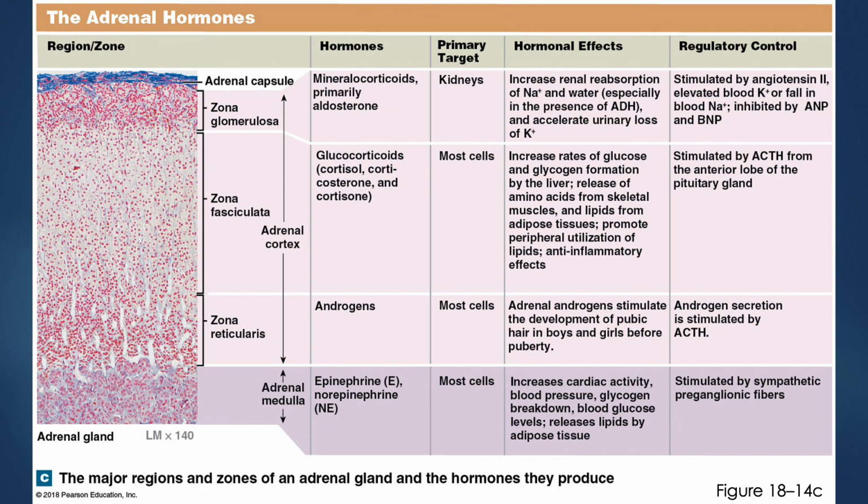The target of these hormones is the kidneys, and the hormonal effect is that it allows the kidneys to increase renal absorption of sodium and water, specifically in the presence of antidiuretic hormone. This also accelerates urinary loss of potassium. The kidneys also will be stimulated by angiotensin II and elevated blood potassium, or a fall in our blood sodium, and this will be inhibited by ANP and BNP.